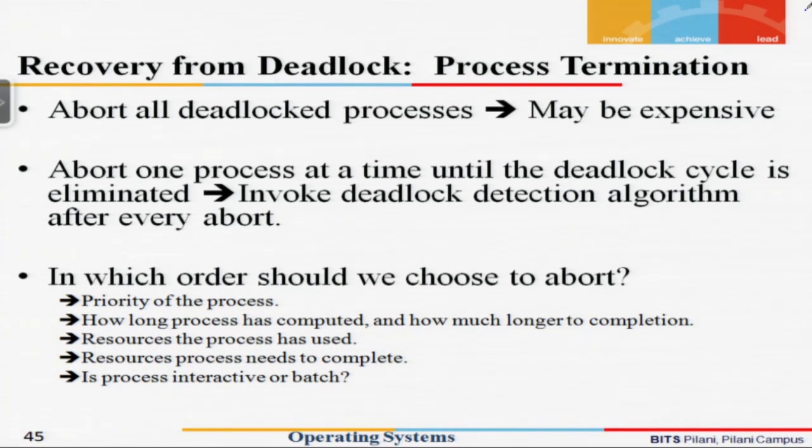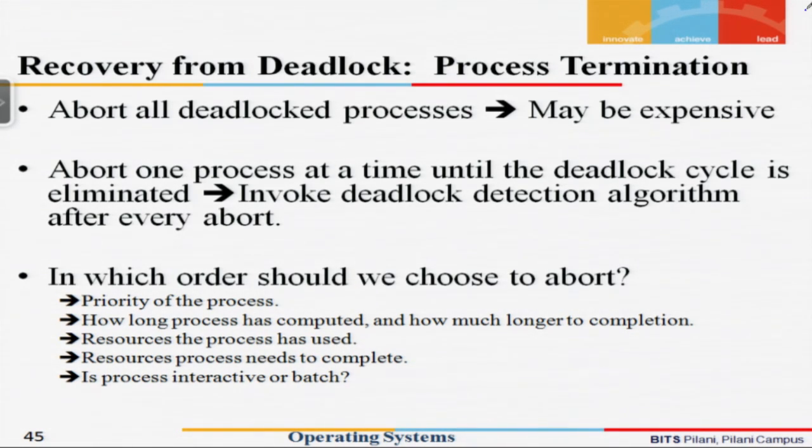Now, this condition will remain if somehow the cycle is not broken. And breaking the cycle essentially means that we would need to forcibly make certain processes release the resource. That essentially means that these processes would need to be aborted or terminated, or the resources are to be preempted from the processes.